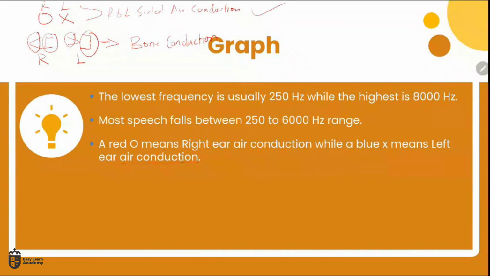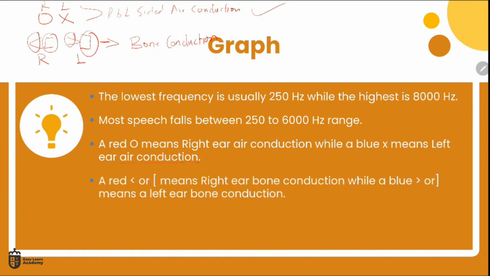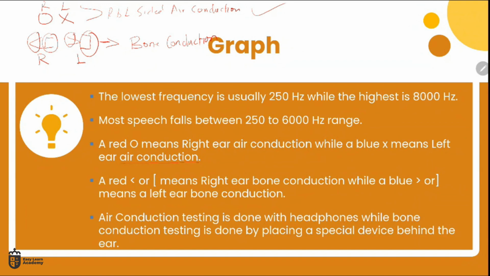An O means right ear air conduction, while an X means left ear air conduction. If you see the less than sign, it is right ear bone conduction, and if you see the greater than sign, it means left ear bone conduction. Now, you can read about testings if you want. It will not come out in an exam.